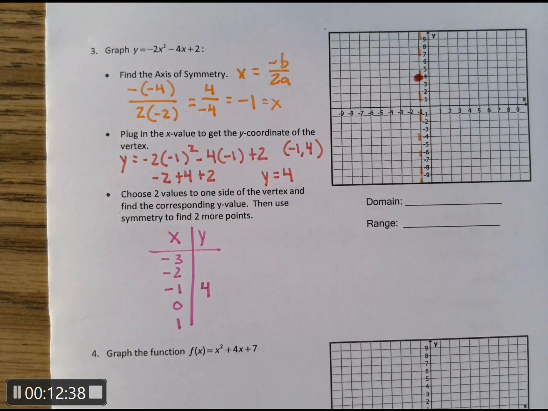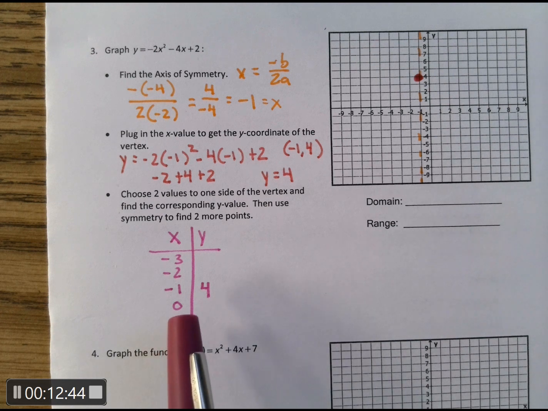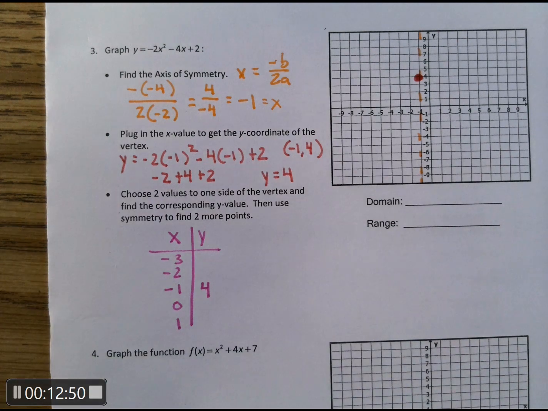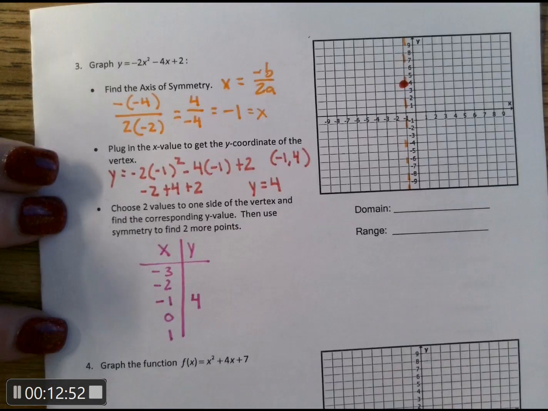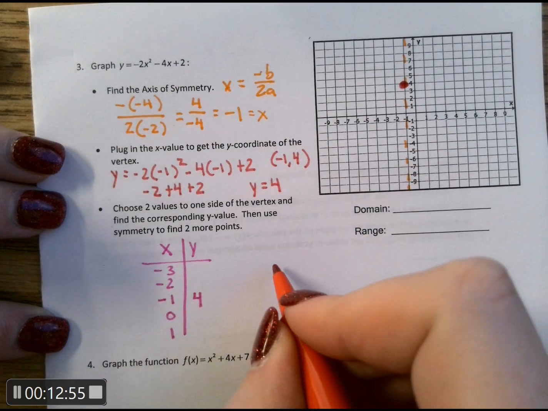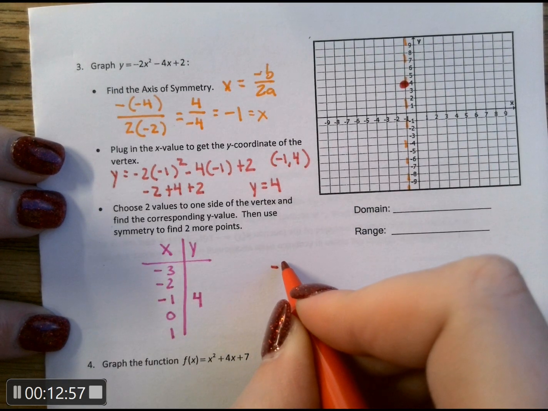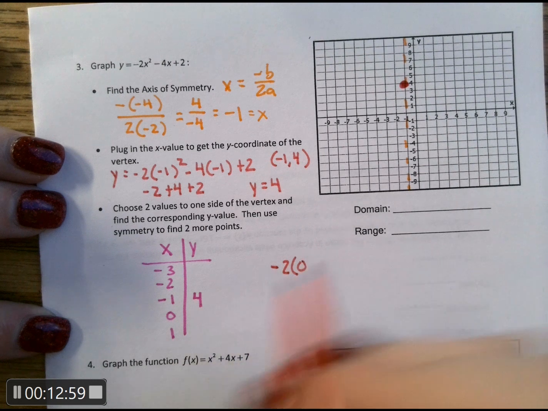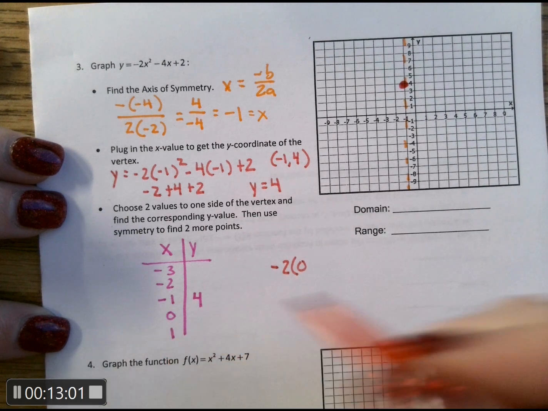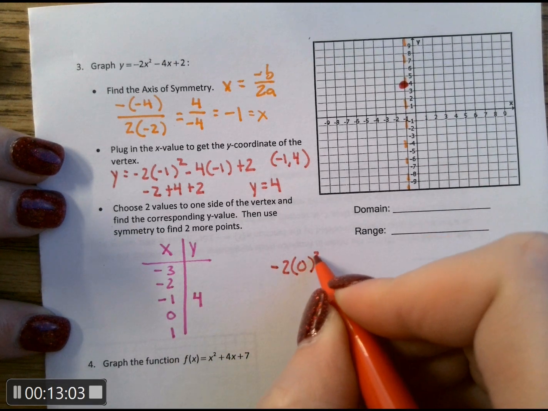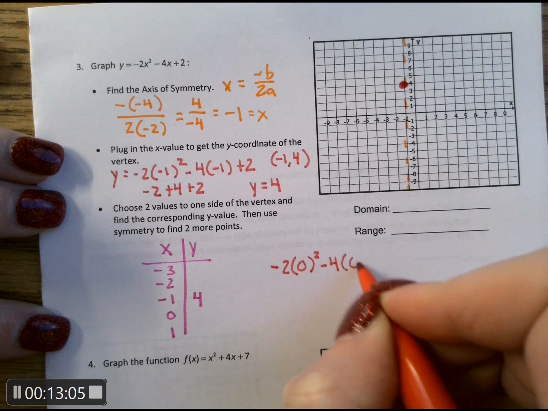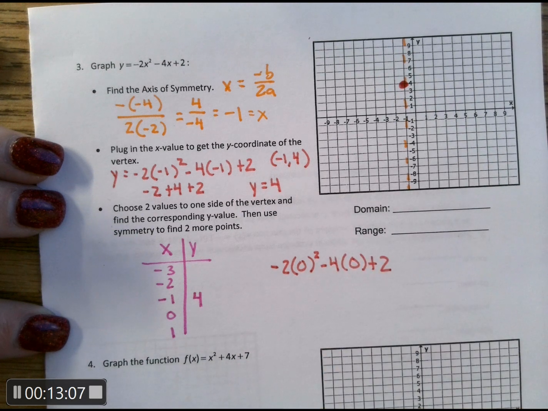Okay? So then, we are going to substitute in 0 into our equation, and then 1 into our equation. Alright? So let's go ahead and do that. And I'm going to actually do it by hand so that you guys can see how it works. So, negative 2 times 0, I'm getting the 0 from our table of values, squared minus 4 times 0 plus 2.